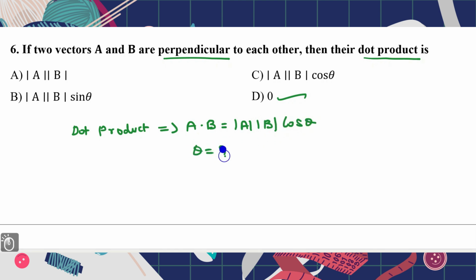If theta is equal to 90 degrees, then we apply cos 90, which is 0. Then A dot B is equal to 0. I am asking the question a little indirectly, but we already saw this earlier. Okay, good.